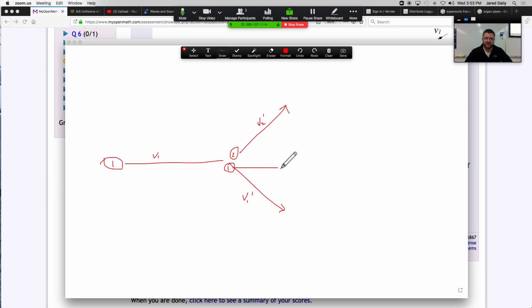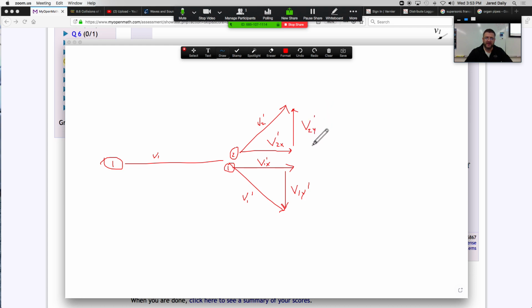But velocity 2 and velocity 1 have components. This one has velocity 1x prime, and this one has velocity 1y prime. And this one has a component, velocity 2x prime, and velocity 2y prime.